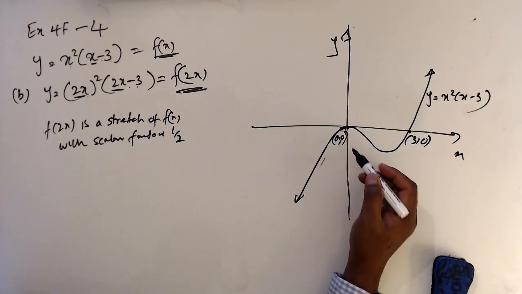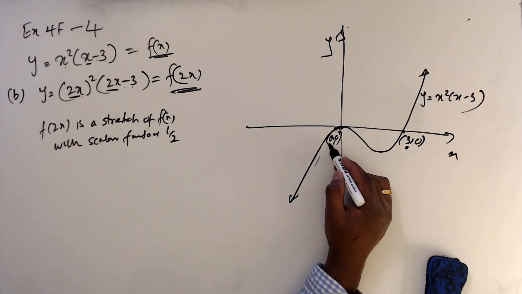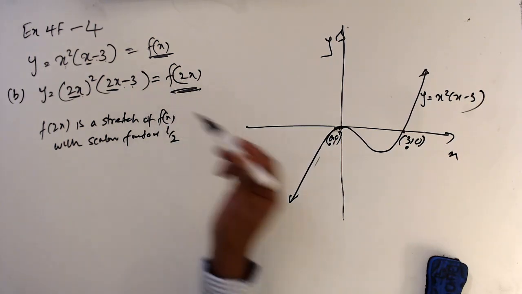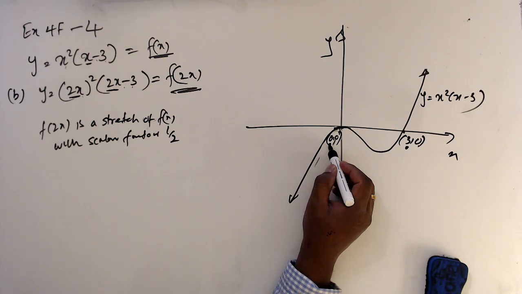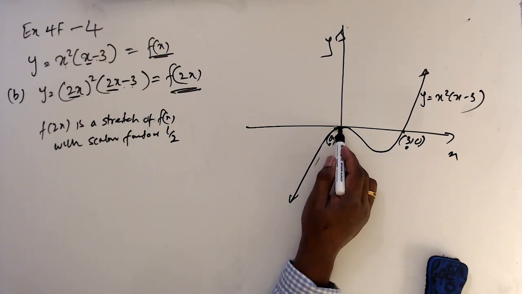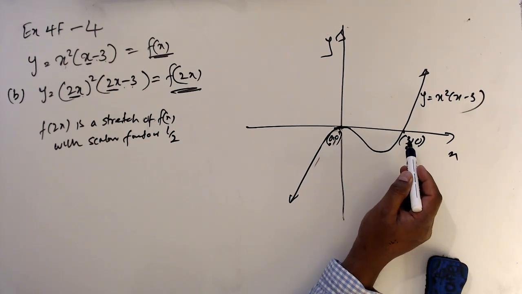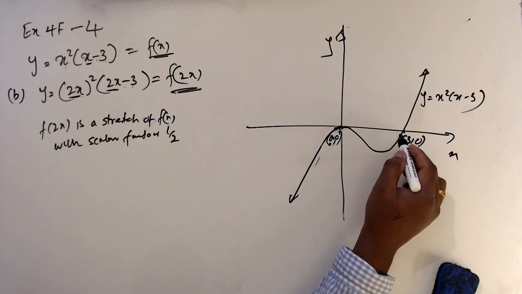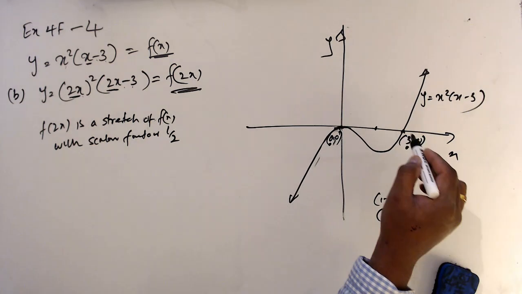So we don't touch y values. We have to deal with x values, all the x values, and multiply by half or divide by 2. Both the same. So 0 divided by 2 is still 0. This point is going to be the same. But when I divide 3 by 2, it is going to be 1.5, or (3/2, 0). Then this point is stretching up to here.